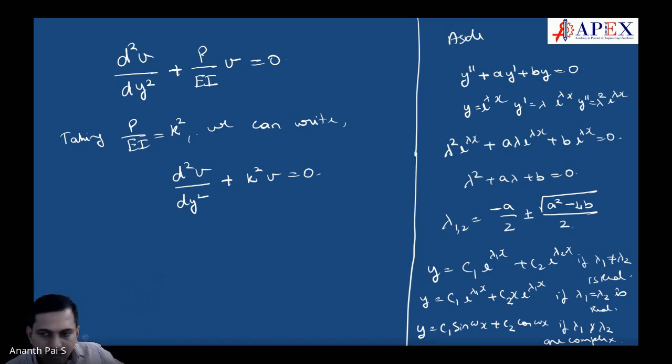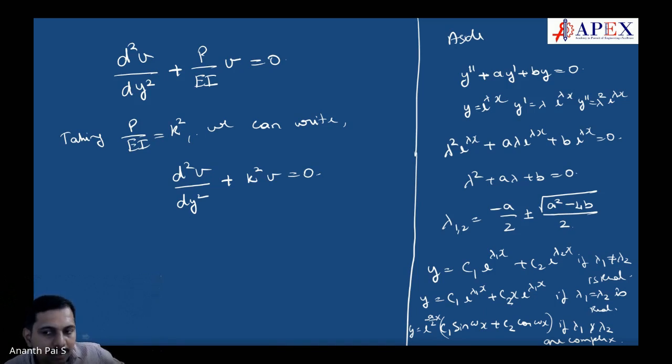Okay, let us see that. What is omega here? If a is 0, it is simple. If a is not 0, then y is equal to e power minus a by 2 x times c1 sine omega x plus c2 cos omega x.